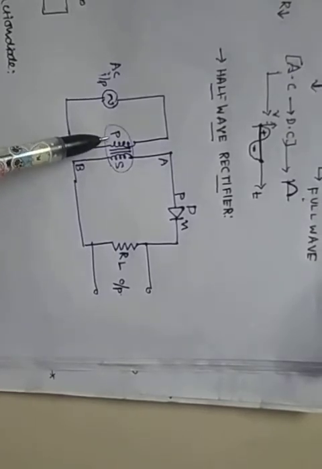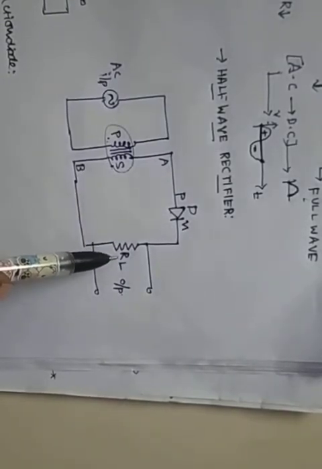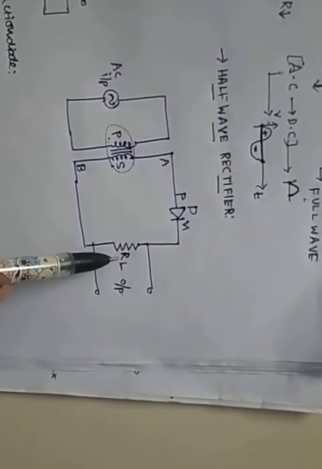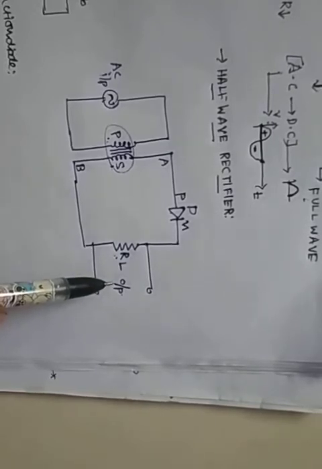P is called the primary coil and S is called the secondary coil. Through a diode, D is the PN junction diode, and RL is called the load resistance. The output is taken across the load resistance.